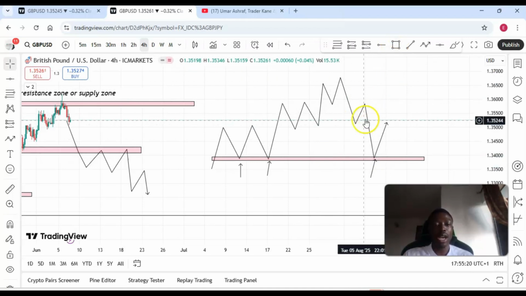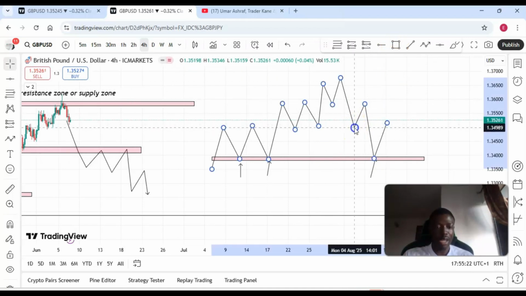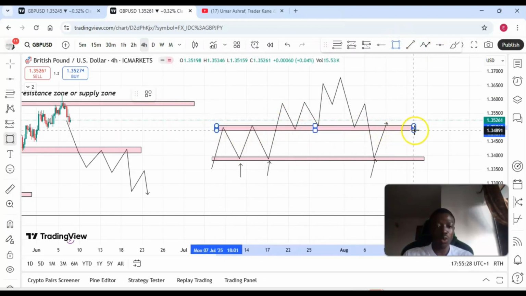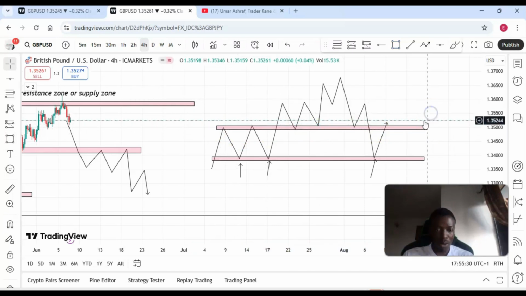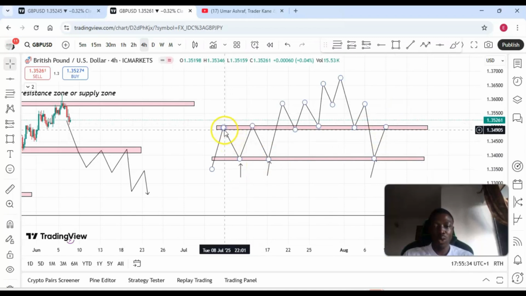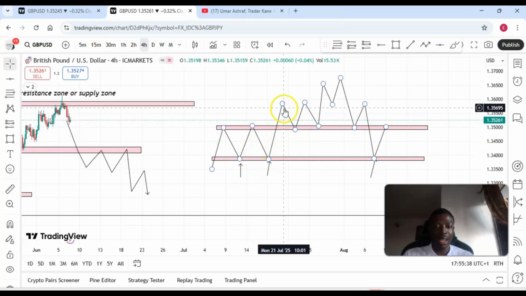Now the second zone we have on this chart is this zone here, which was previously a resistance level acting like a sell or supply zone, pushing prices down. So this was a resistance zone that pushed prices down. Market breaks it, comes back to retest.